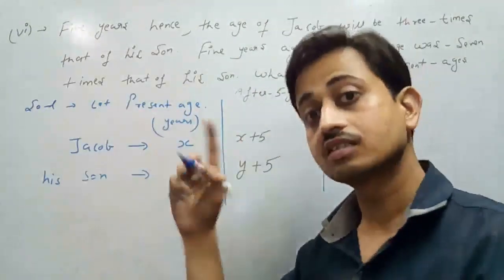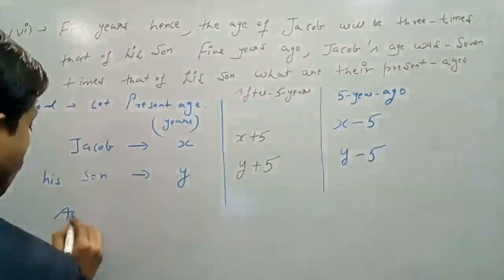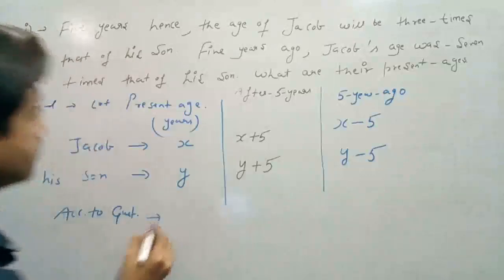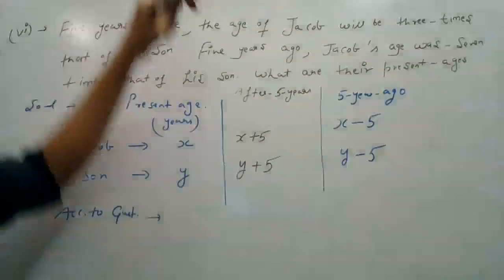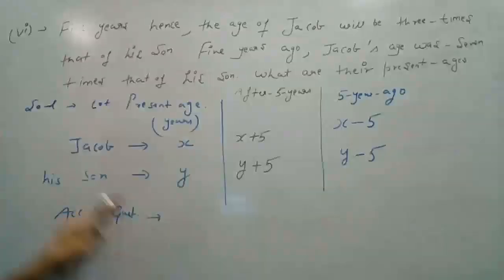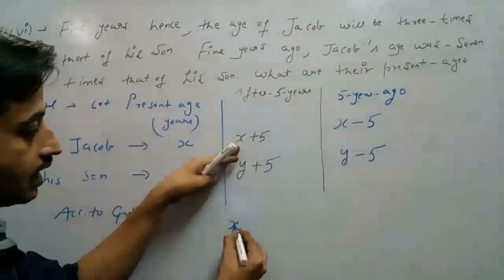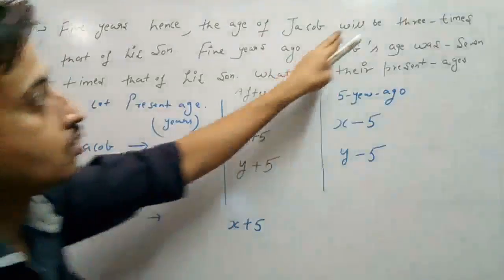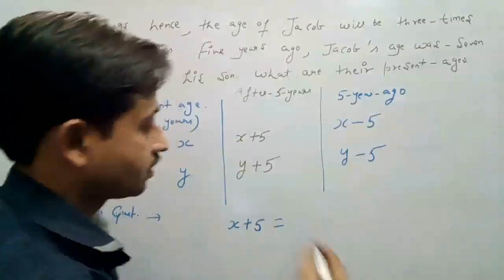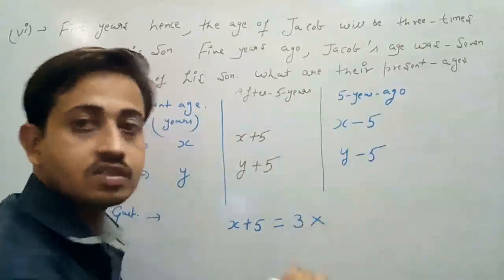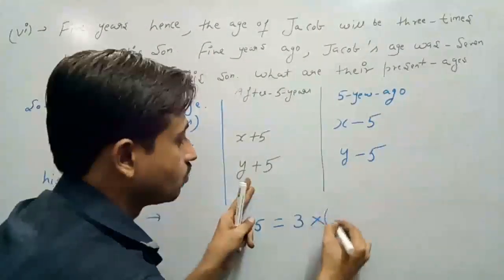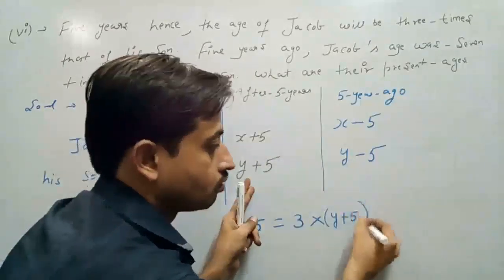Now please read the statement according to the question. What does it state? After 5 years, it means we have to take this age. Jacob's age is x plus 5. Will means equal to 3 times. 3 times means multiply. His son, the same son's age is y plus 5.